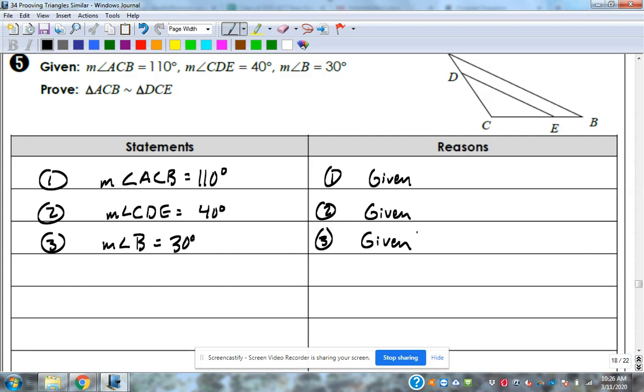Yep. All right, so let's take what you said about the triangle having to be 180. Let's use that. We're looking at triangle ACB. So angle ACB plus angle A plus angle B. Isn't that the one you said?